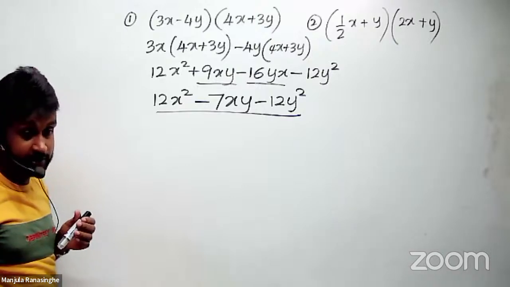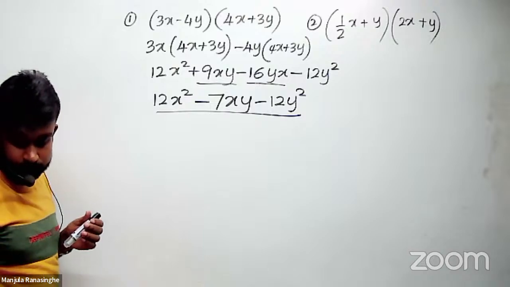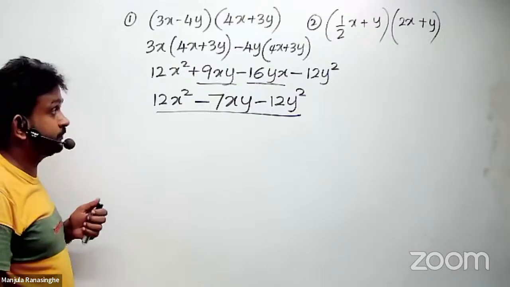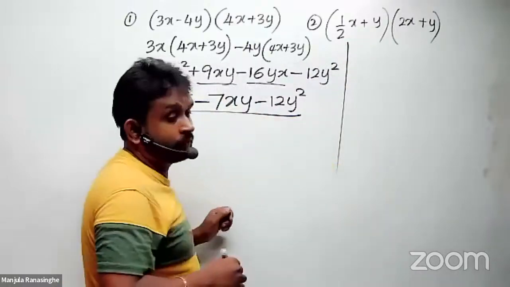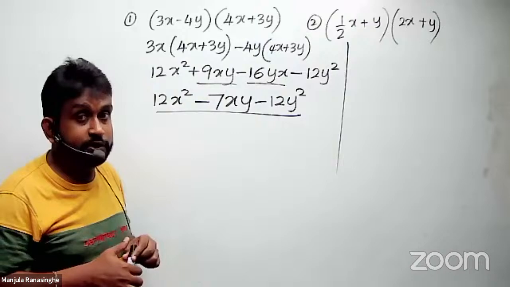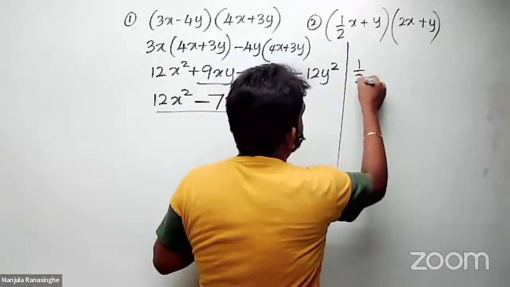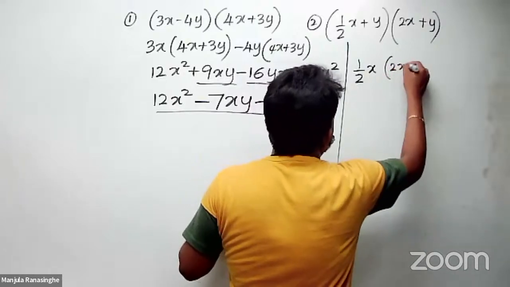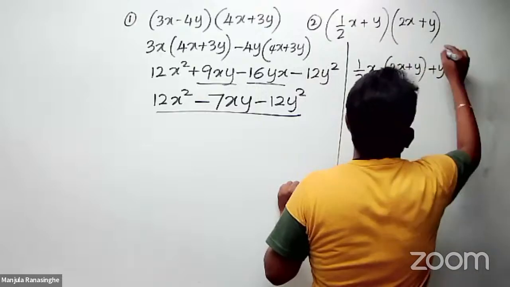These are a bit hard questions. See this multiplication. Half x is taken and multiplied with 2x plus y, and here plus y is taken and multiplied with 2x plus y.